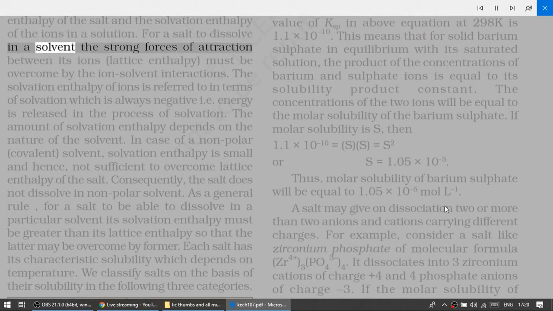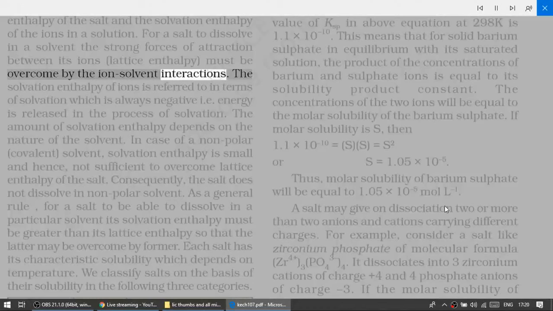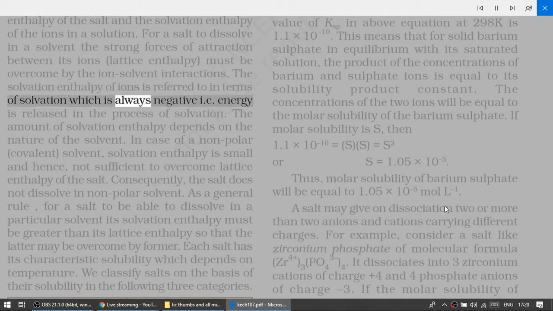For a salt to dissolve in a solvent, the strong forces of attraction between its ions, the lattice enthalpy, must be overcome by the ion-solvent interactions. The solvation enthalpy of ions is always negative, i.e. energy is released in the process of solvation. The amount of solvation enthalpy depends on the nature of the solvent.